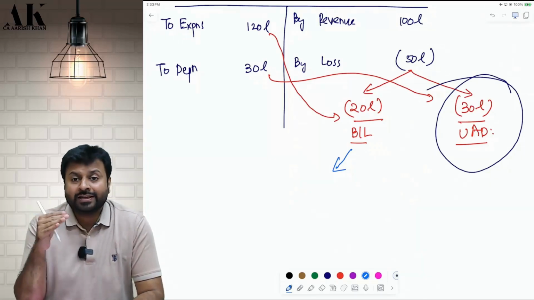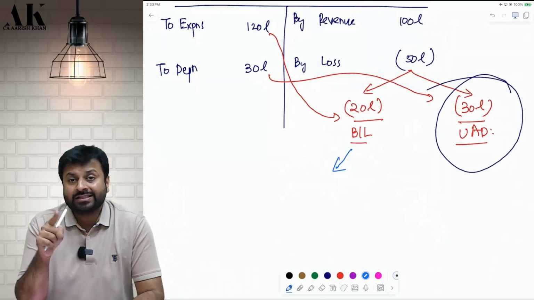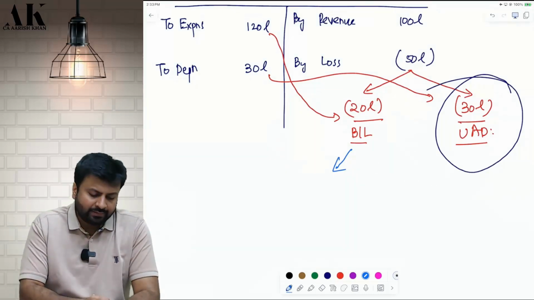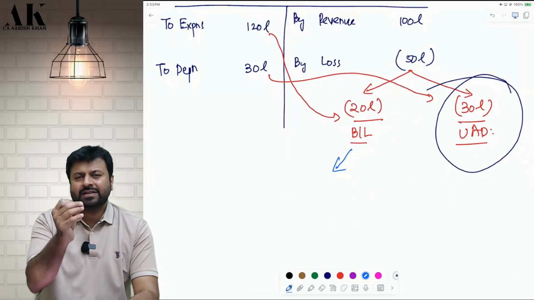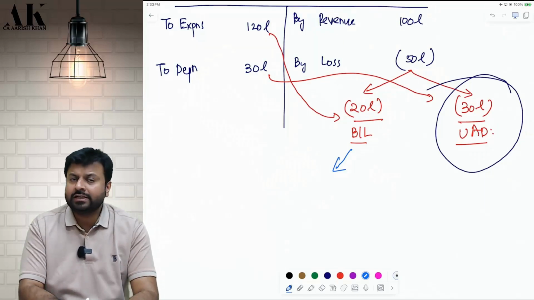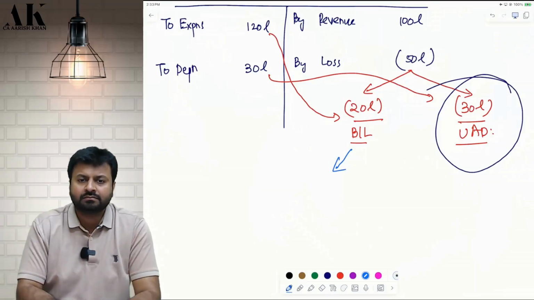Unabsorbed depreciation can be carried forward and set off against business income also, and it can be set off against other income also, except salary. Unabsorbed depreciation, except salary, can be set off against any income. But business loss cannot be set off against any income. It can be carried forward and set off only against business income, not against other income. Are you clear?